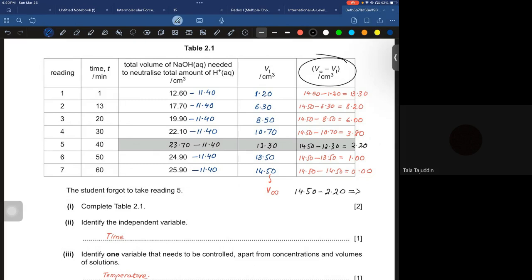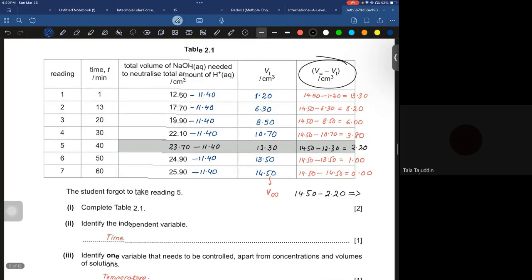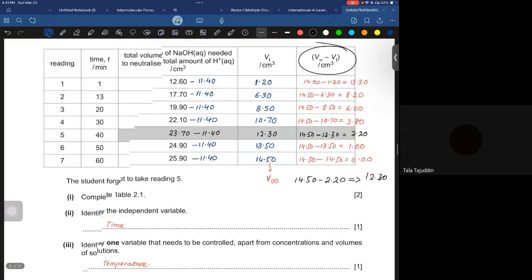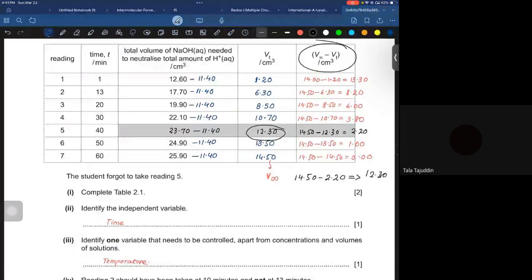What's the answer? 12.30. Yes, sir. So that's the reason I got this value, 12.30.